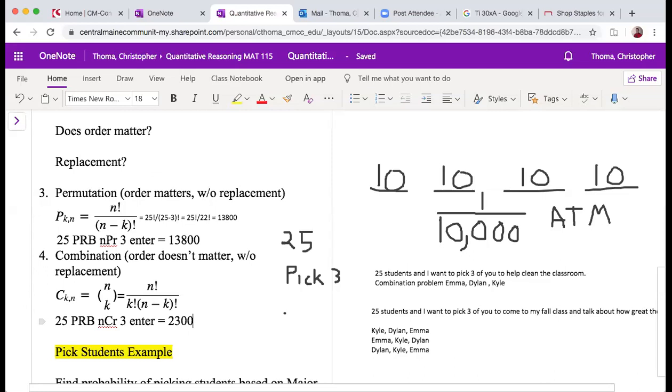If I'm picking people to be president, vice president, CEOs, horse racing, first place, second place, third place, all those things have different results. Versus if I'm picking stuff for a committee, or teachers to sign a class, or how many homework questions I feel like doing, order doesn't matter in those cases, and all of those will be a combination problem. Does that kind of make sense? Yes. All right.